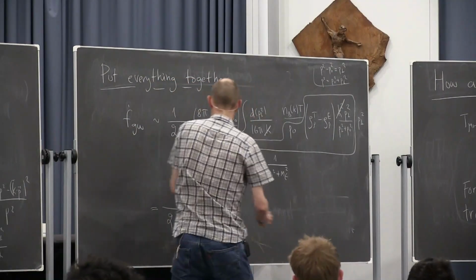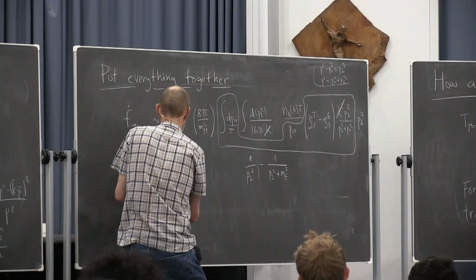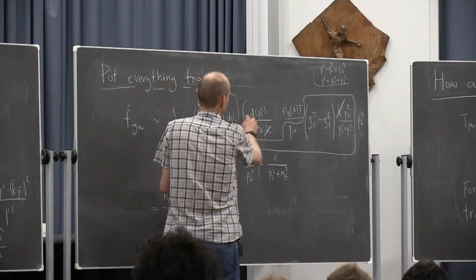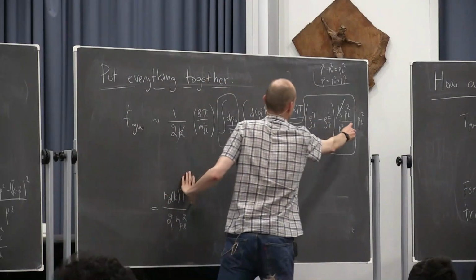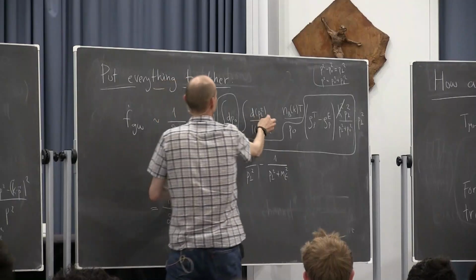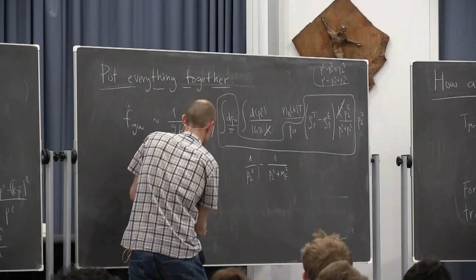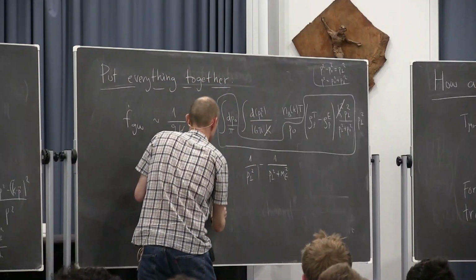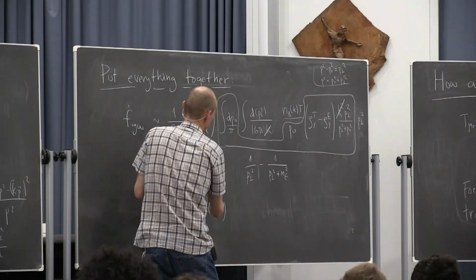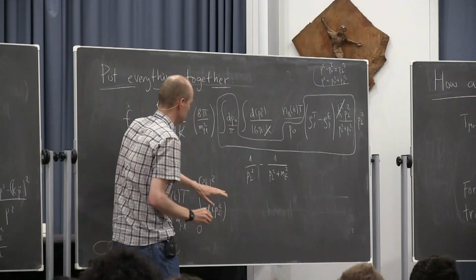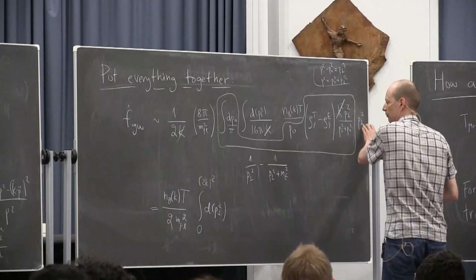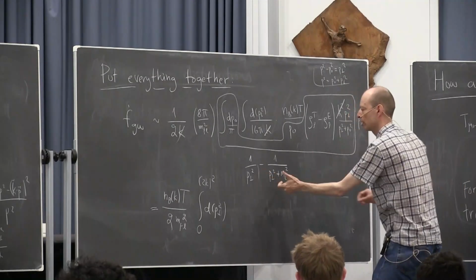Then we have the nB. Then we have the temperature, and then we still have to do this integral. In the exercise, the upper bound of this integral is 2k squared. And then what is the integrand? The integrand is this guy and these guys. I can put these guys together.